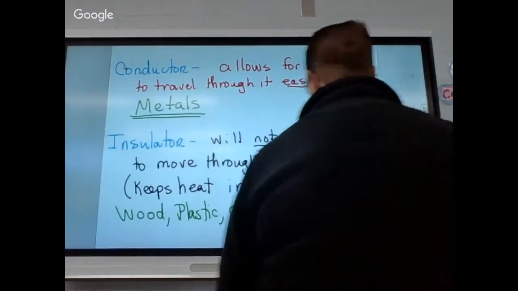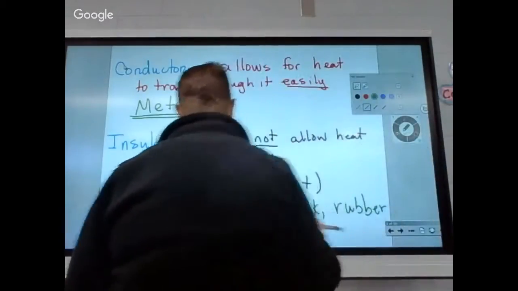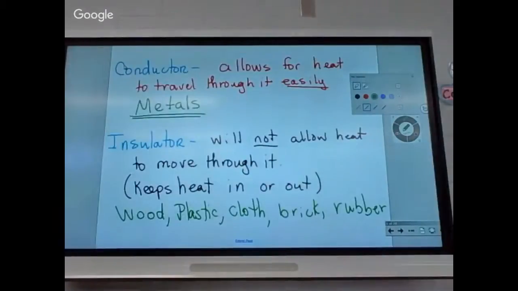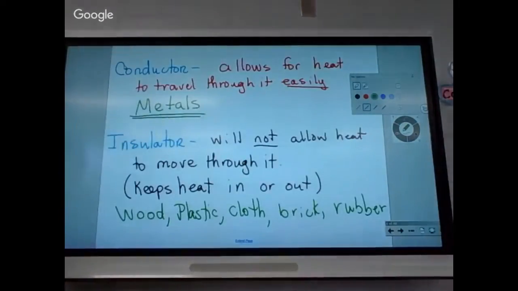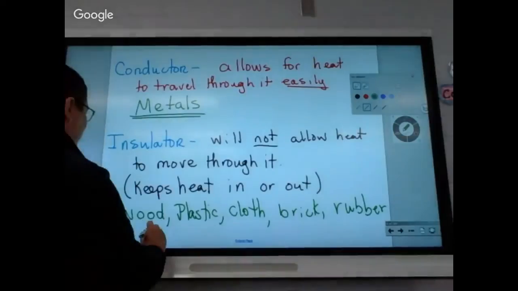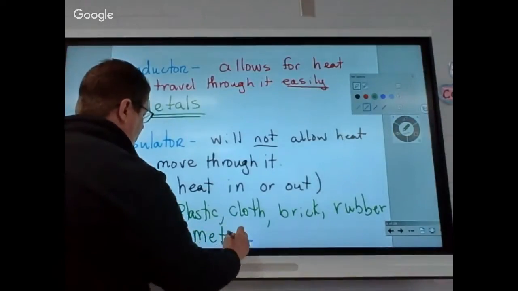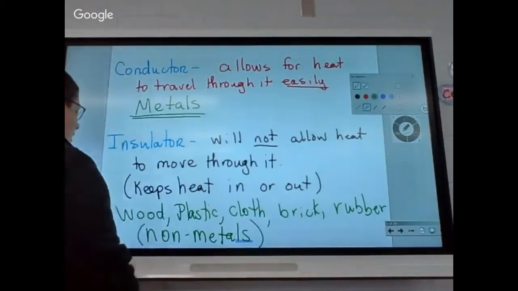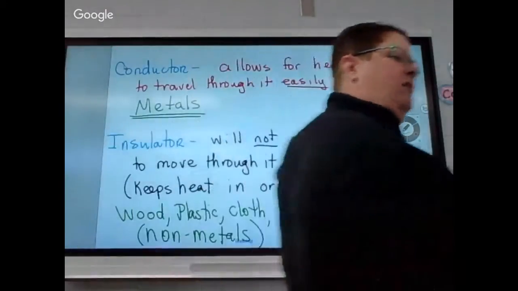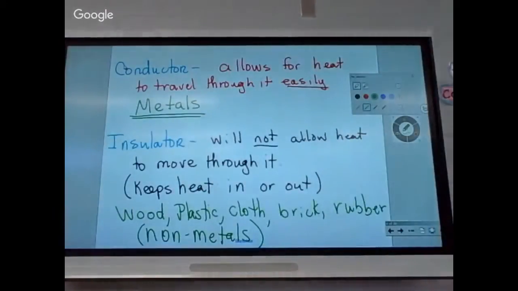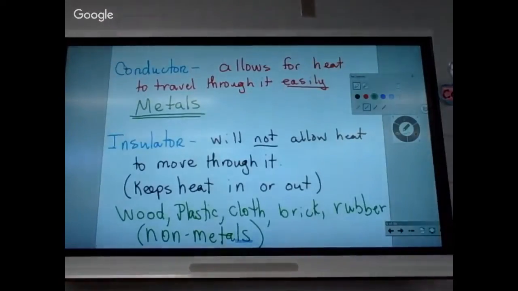Now, this whole grouping that y'all have just given me is the anti of metals. What do we group them and call them? They're called non-metals. So as a subcategory, instead of listing all of that stuff, you can just say they're not metals. Metals are conductors.